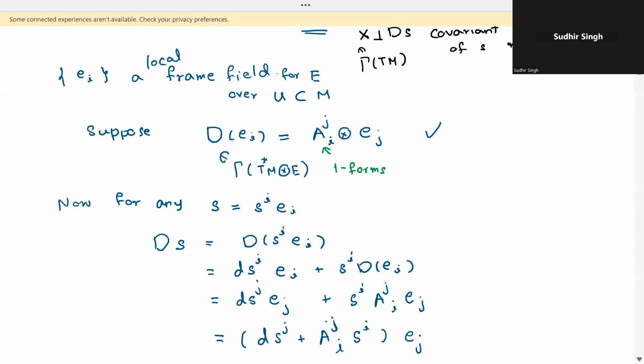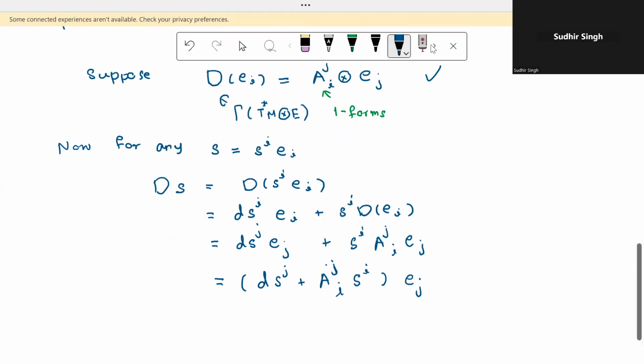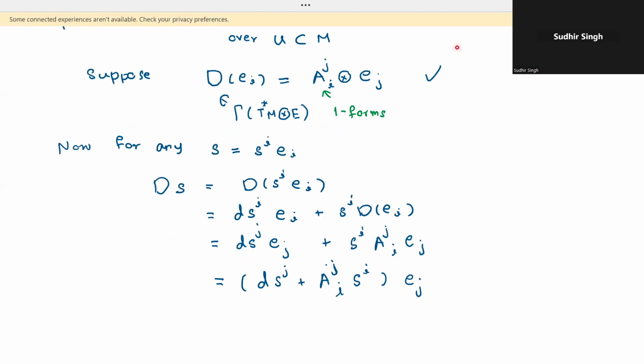Okay, so we have a local expression for the covariant derivative of S like this.